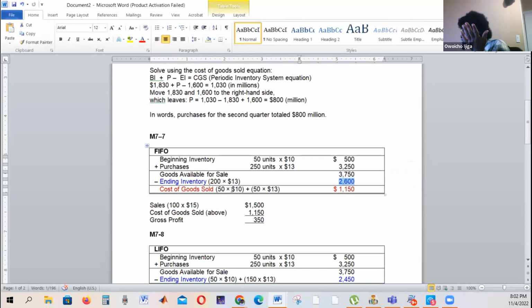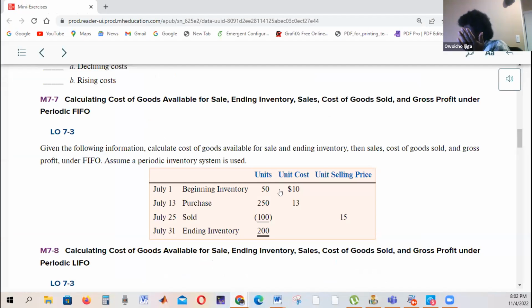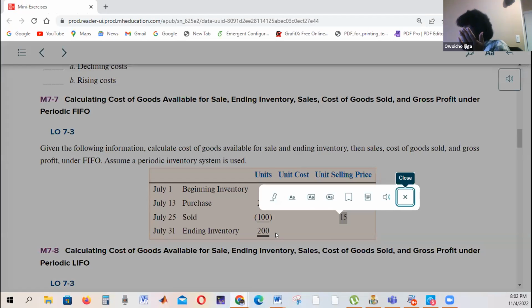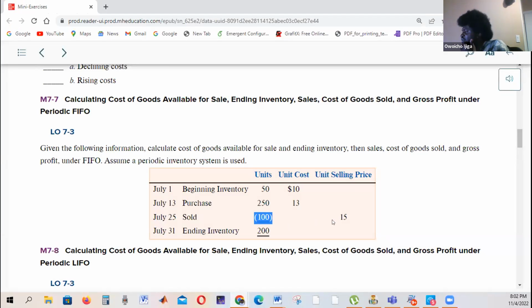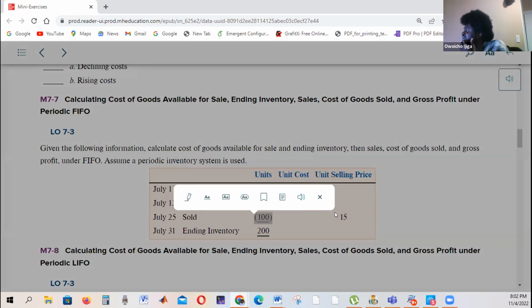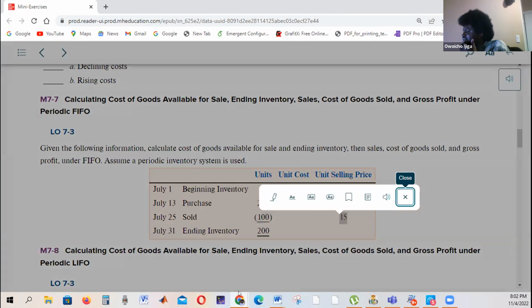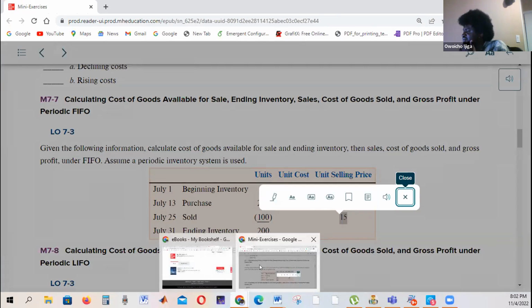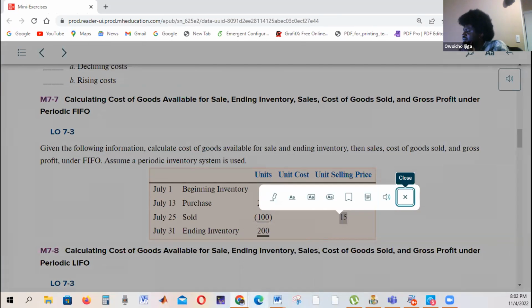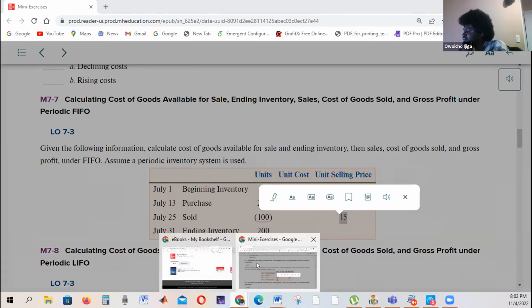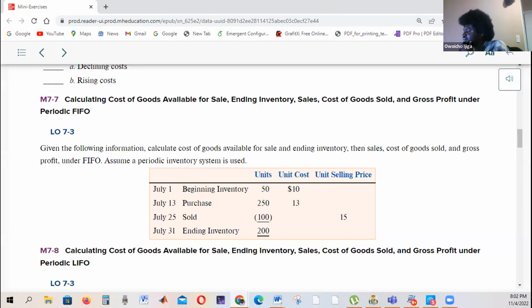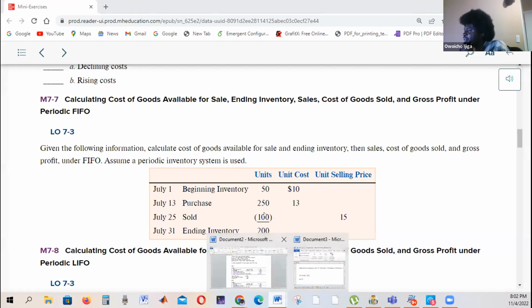If you need further explanation, meet me in the office hours. The sales is very simple. Sales is nothing but the quantity sold times the unit selling price. The question tells us that the unit selling price is 15. He sold 100 bottles for $15.